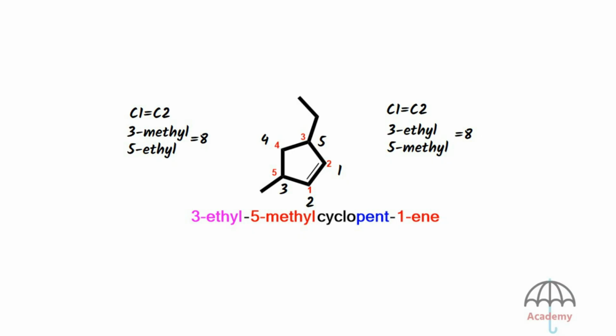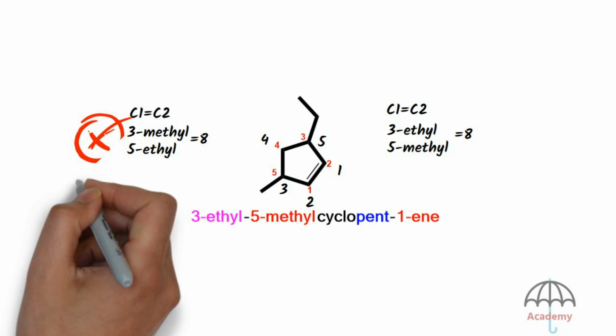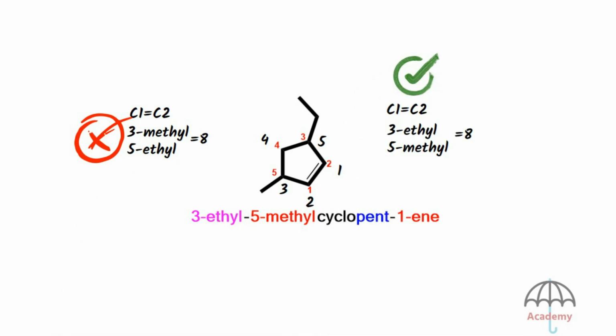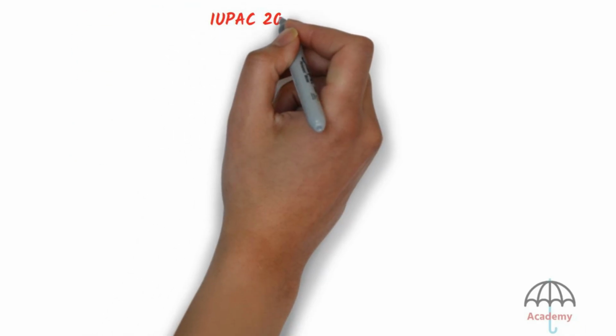So here ethyl beats methyl in alphabetical priority. Thus, this anticlockwise numbering is correct because it gives lowest locant to ethyl. Putting the substituents in alphabetical order, we get 3-ethyl-5-methylcyclopent-1-ene.